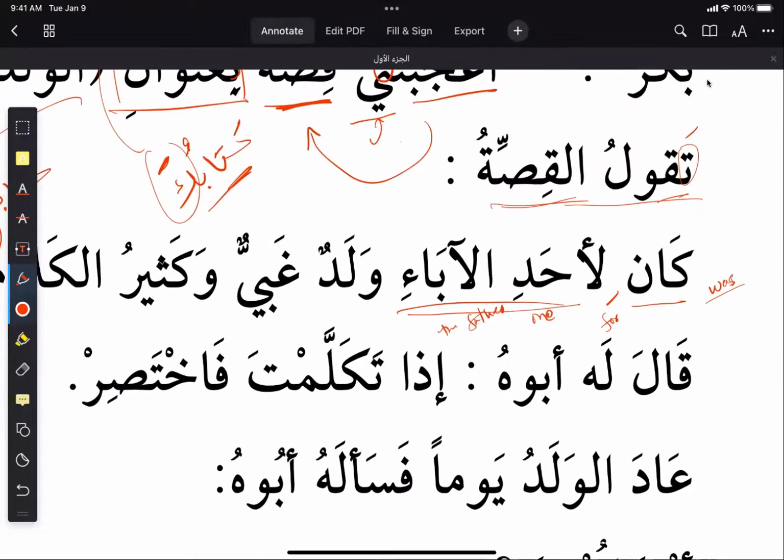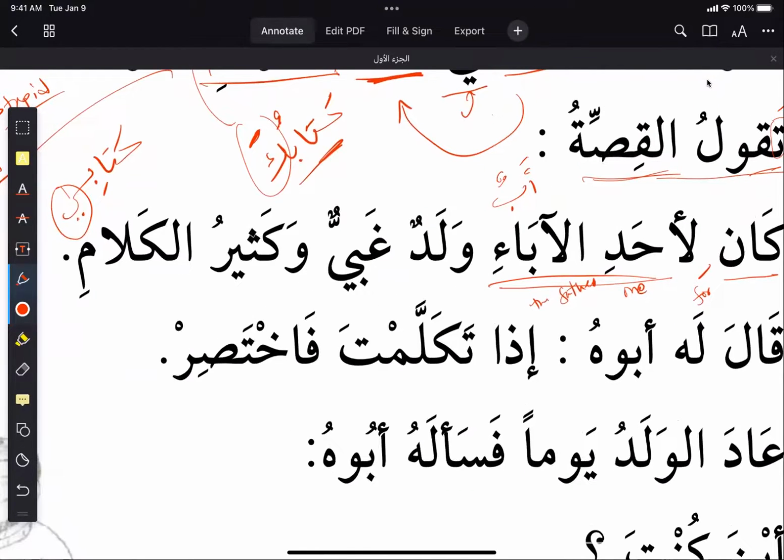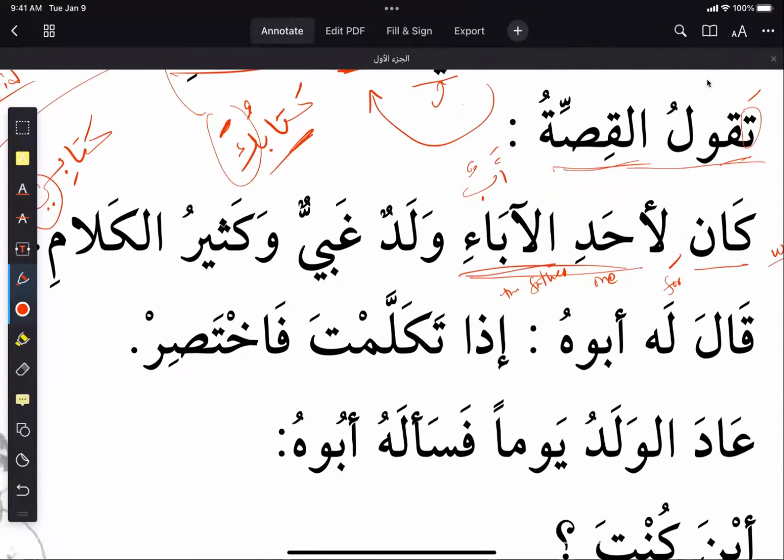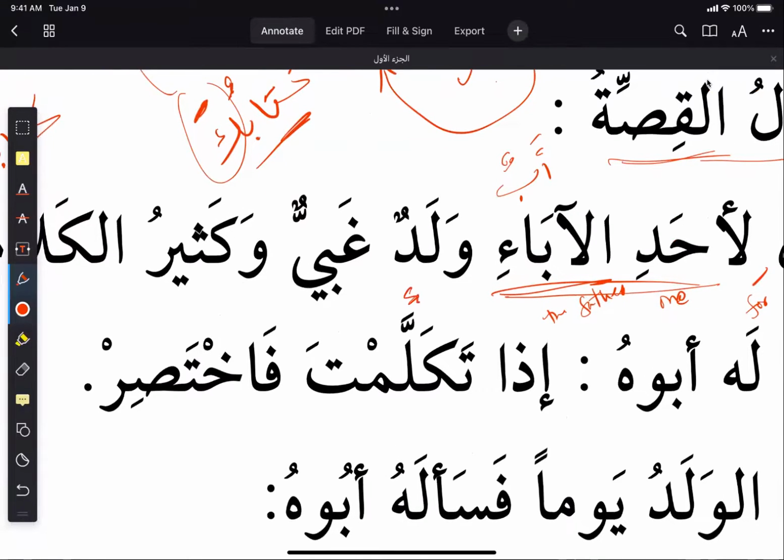Aba is a plural of what? Aba is the plural of ab, abun. So kana li ahadi aba waladun. Waladun is, since we're talking about father, so of course walad we will translate as son.